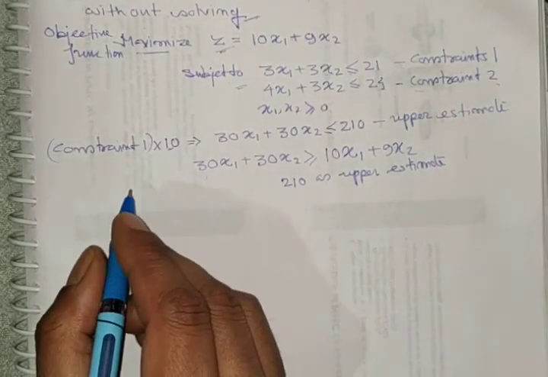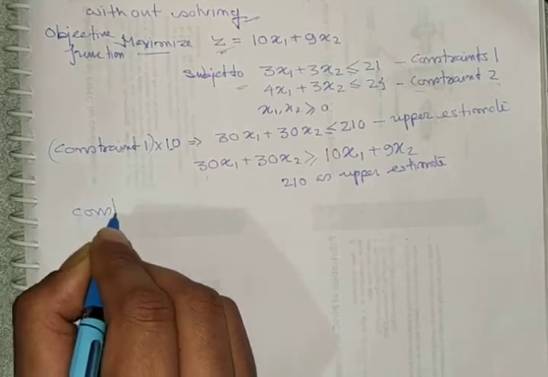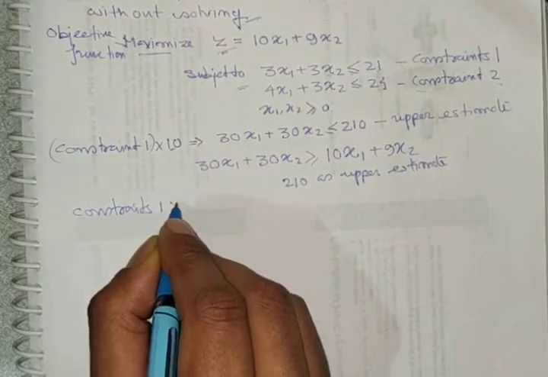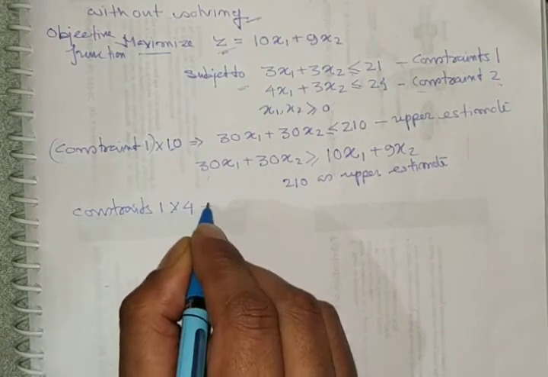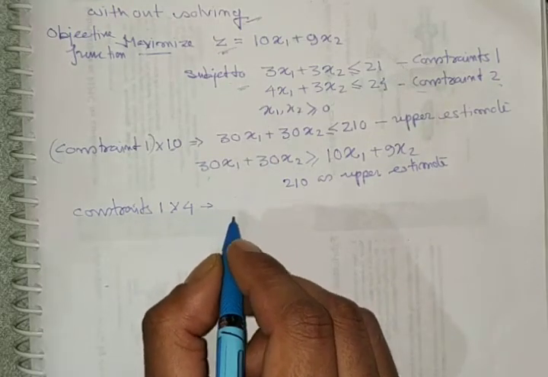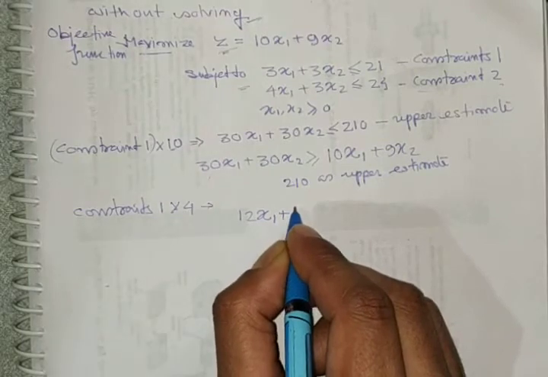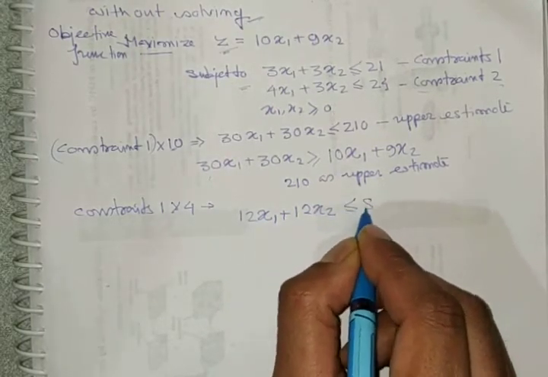Similarly, if constraint 1 is multiplied by 4, then we will get 12x1 plus 12x2 less than or equal to 84.